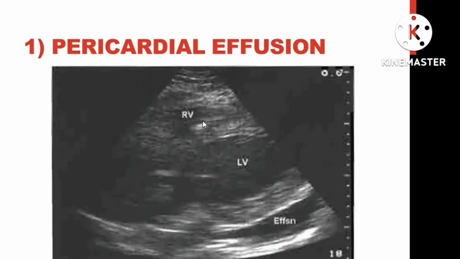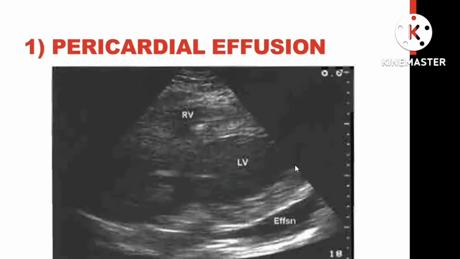If it is posterior, it's easier to identify whether it's pericardial effusion or not. But the issue is if it is anterior. A small anterior one is difficult to differentiate, so you need to rule out whether it is a pericardial fat pad. Pericardial fat pad is a differential for a very small pericardial effusion on the anterior part.